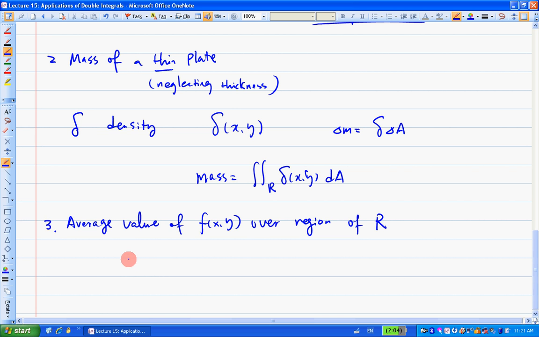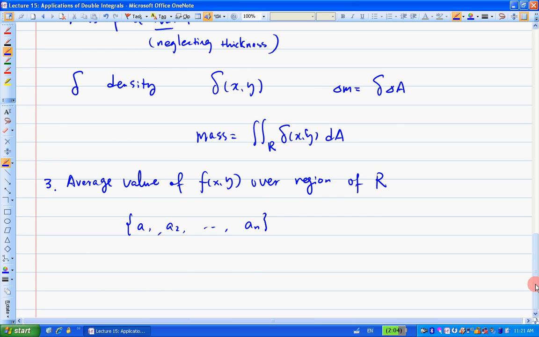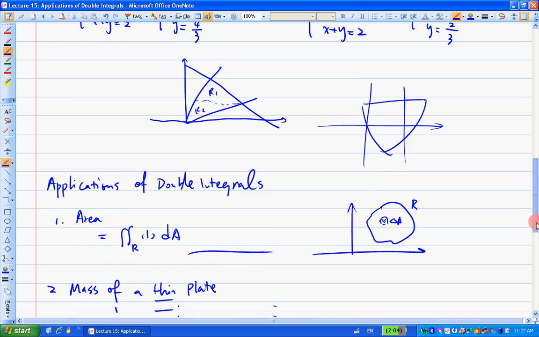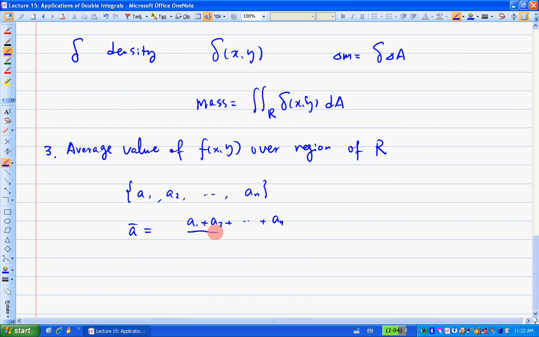If I give you a whole bunch of numbers, A1, A2, up to AN, what's the average? The average would be A bar equal to the sum of them divided by n, right?